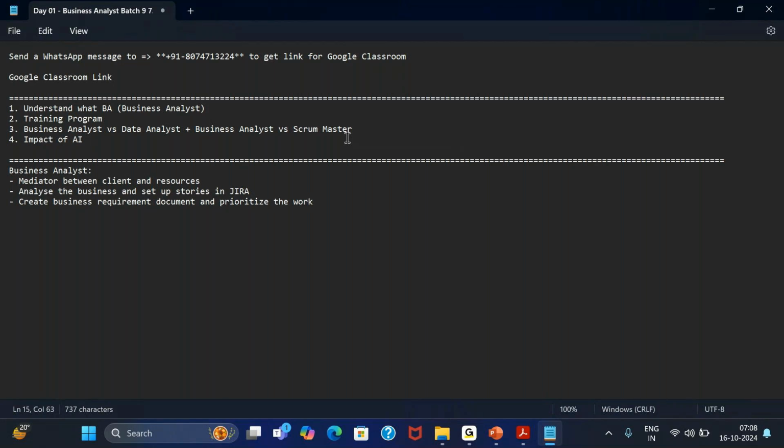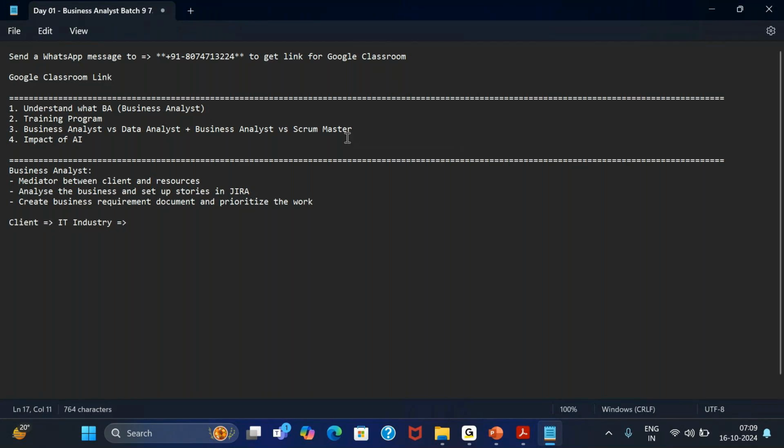Good. All 3 points mentioned over here are pretty relevant to business analysts, but just to provide context for others as well. What happens in the IT industry is basically we have a client who is looking for a software. Let's say there is a client who owns a business.